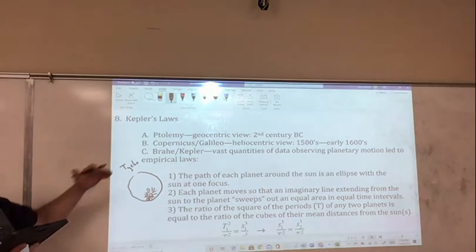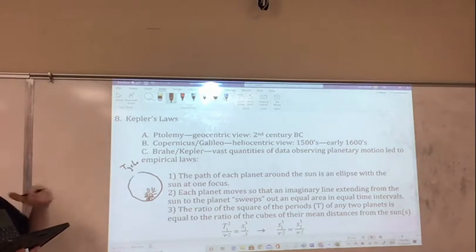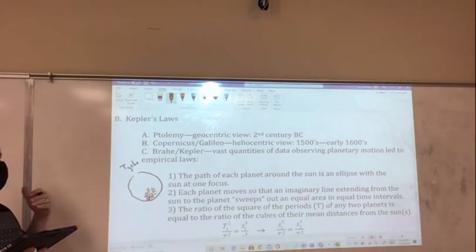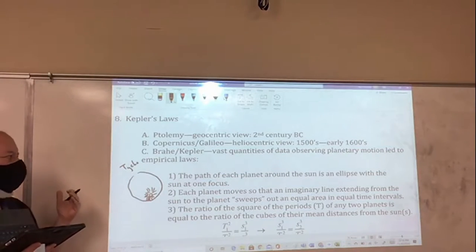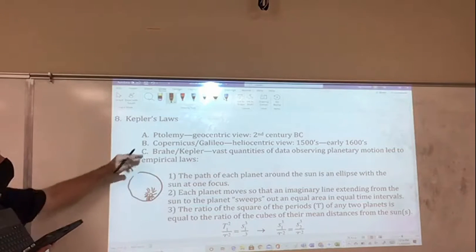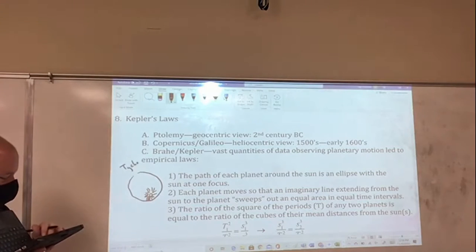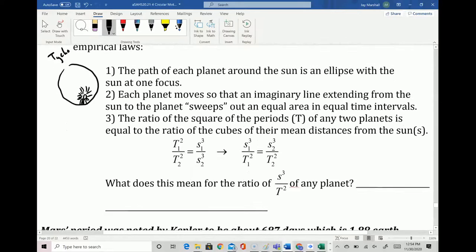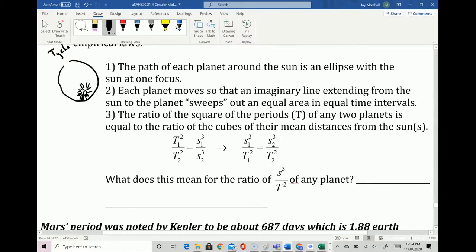And they were able, without computers or tremendously high-powered telescopes, to figure out some empirical laws just by observing the paths of the planets. They found out three things. Well, these are Kepler's laws. Kepler was a student of Brahe, and he continued his work after Brahe died.